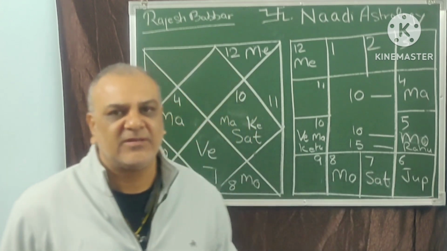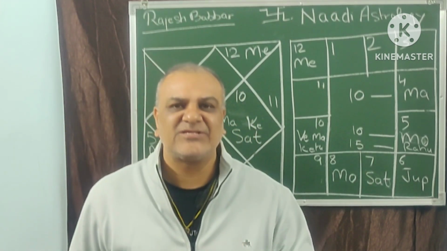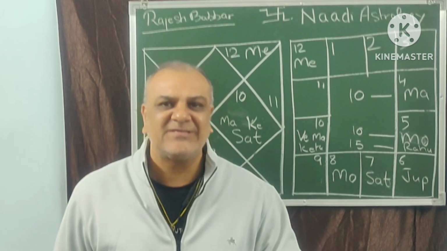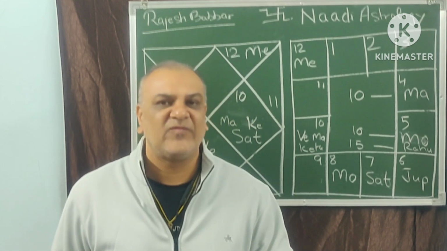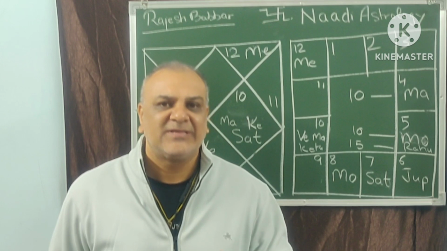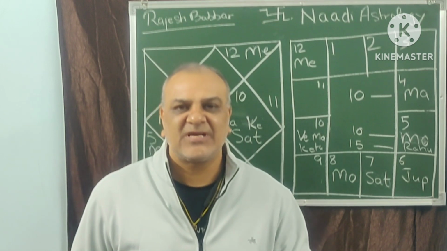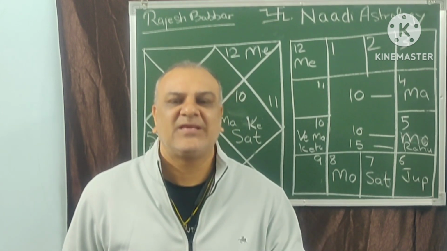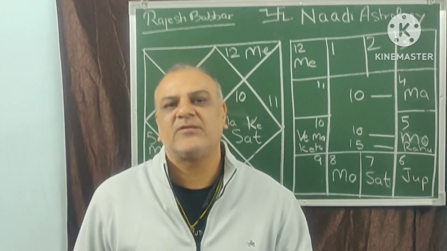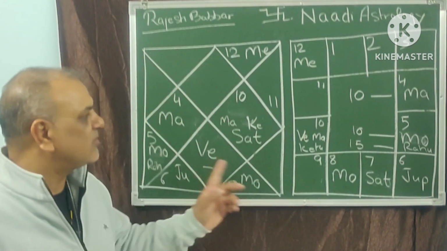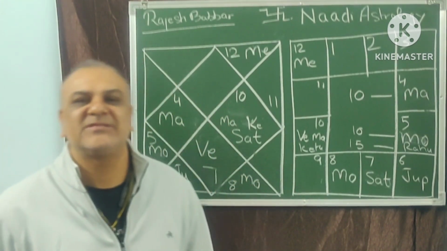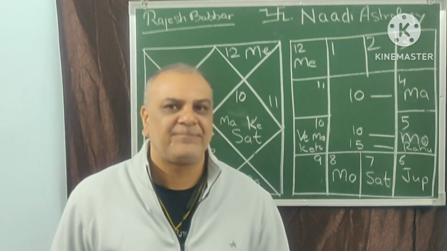Yeah, I forgot to tell you one more thing. When there is exchange between Venus and Jupiter, then these persons are very lucky and they have immense wealth also. When both the gurus, Jupiter and Venus, are in Rashi Parivartana.